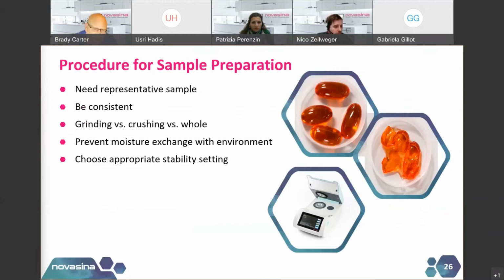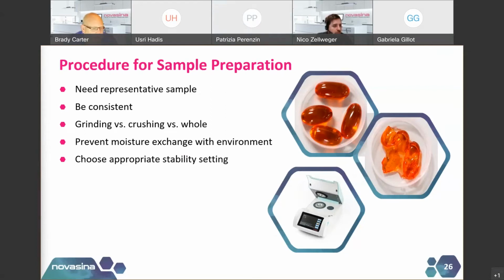So cutting on something like a gel cap or crushing like the mortar and pestle with tablets, or even maybe grinding, as long as you're consistent, will give you the most effective readings. It increases surface area, plus you aren't reading just the surface, you're actually reading what is in the interior, and that's really important because you want to know what the water activity is in the most susceptible area, where it could possibly be high enough to cause problems.